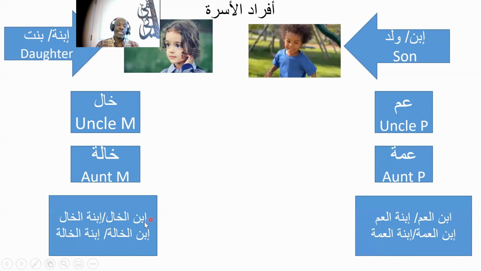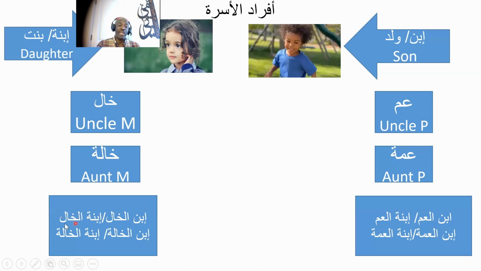Okay, moving on this side, let's focus on the mom's side or the mother's side. So the son of your uncle, we call it ibn al-khal. Al-khal is uncle, ibn is son, so the son of my uncle. And his daughter, we call ibnat al-khal, the daughter of my uncle.